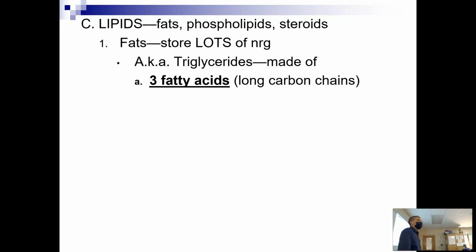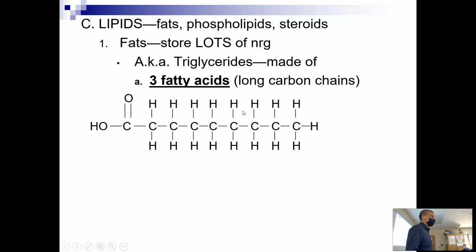What do they have in common? This was a question on your model worksheet. Carboxyl. Good. And honestly, a fatty acid is just a carboxyl with a big honking chain of carbons hanging off. That one happens to be called octanoic acid because it's got 8 carbons beyond the carboxyl.